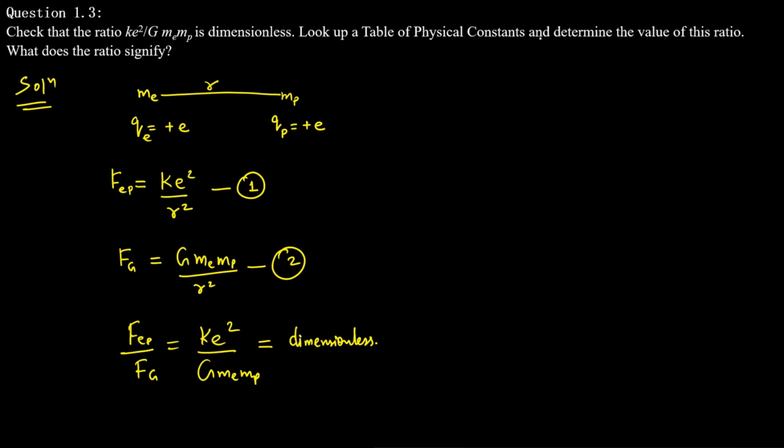Thereafter, determine the value of this ratio and what the ratio signifies. So we have already seen this Fe upon Fg. Do you remember 10 raised to how much it was? 39 or 43? Tell me. 2.3 into 10 raised to 39.